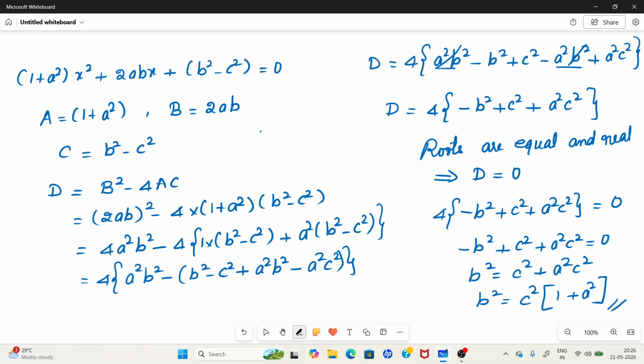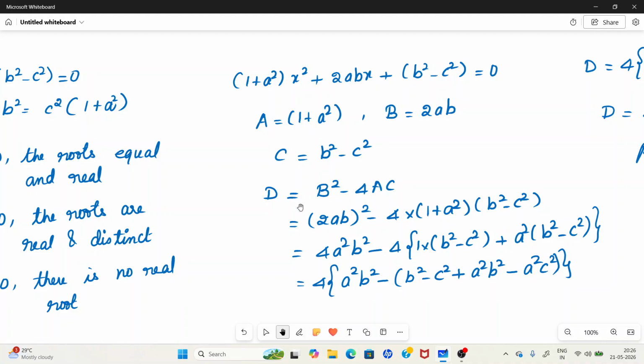So if roots are equal and real, that means if discriminant D = 0, we will get this answer, b² = c²(1 + a²).